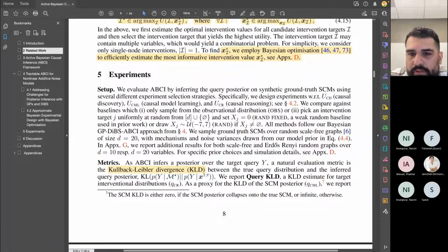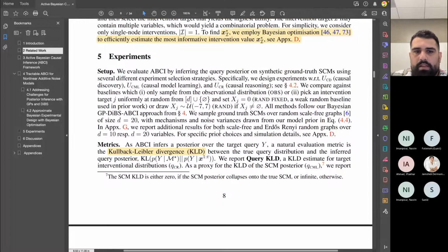If I'm not mistaken, there should be one additional data type, which is here. Yeah, just the rand, which is drawing from a uniform distribution without having any interventions. Then they perform interventions on these graphs with size of 20.